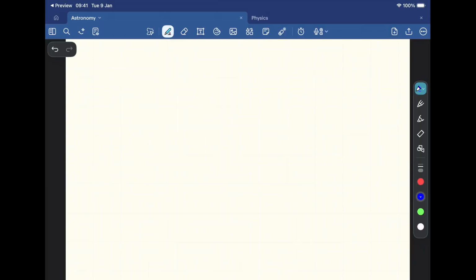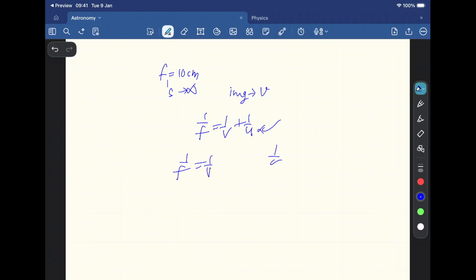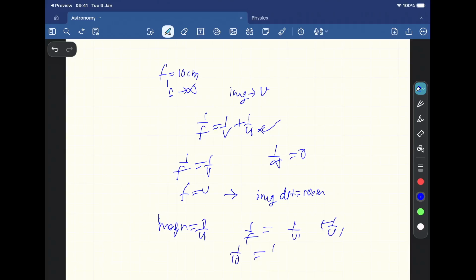So we have focal length 10 centimeter. The star is at infinity. Image distance we consider v. So 1 by f, because it's an easy question, with u the object distance. So 1 by f would be 1 by v, because 1 by u is 1 by infinity, which equals 0. So f equals v. So image distance will be 10 centimeter, and magnification equals image distance by object distance. 1 by f equals 1 by v dash plus 1 by u dash. So 1 by 10 will be 1 by v dash plus 1 by 30 minus 10, right?